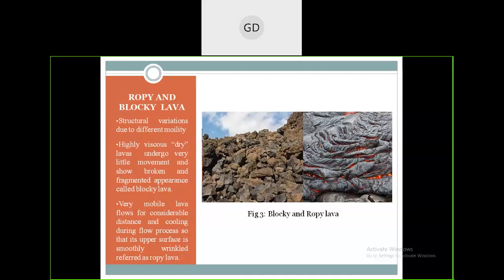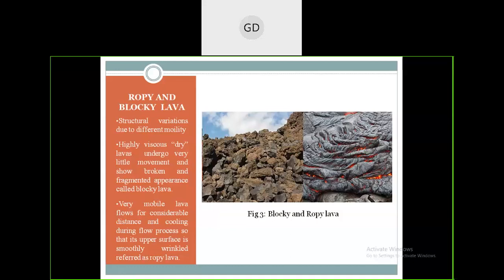So its surface shows a broken or fragmented appearance. This broken appearance is known as blocky lava. In the first picture you can see the blocky lava.